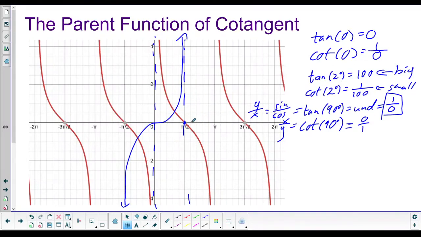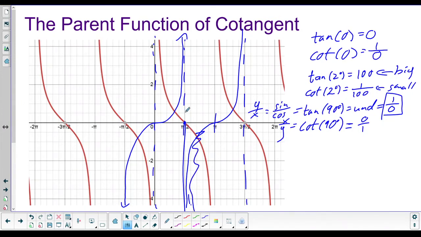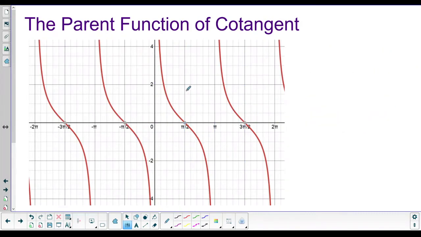And then here on our tangent graph, let me just put in another asymptote. It would do something like this. So where we have this whole negative section right here on our tangent, we still have the same negative section for our cotangent. So they look very similar. It's just anywhere there was a vertical asymptote, now there's a 0, and anywhere there was a 0 for our old graph, now there's a vertical asymptote.